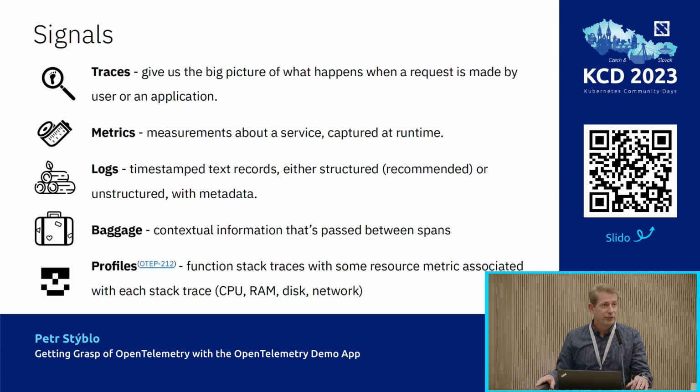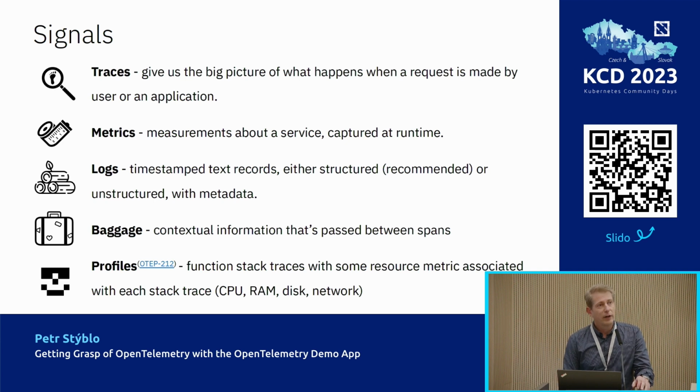Metrics, you all know metrics, you all know Prometheus, so those are the time variables. Logs and baggage. Baggage is something that we carry along between the spans, along with the traces. So it's a context that is being propagated along the way.